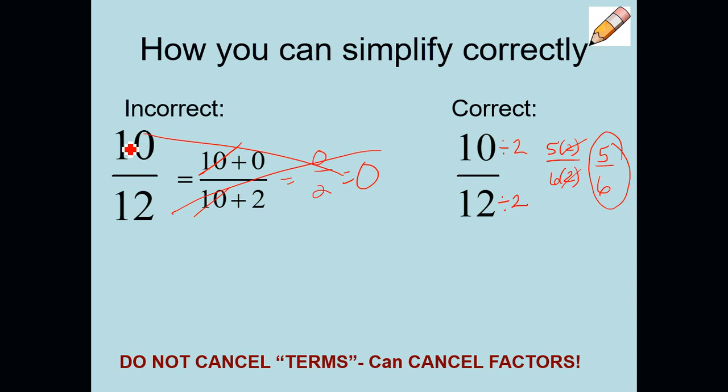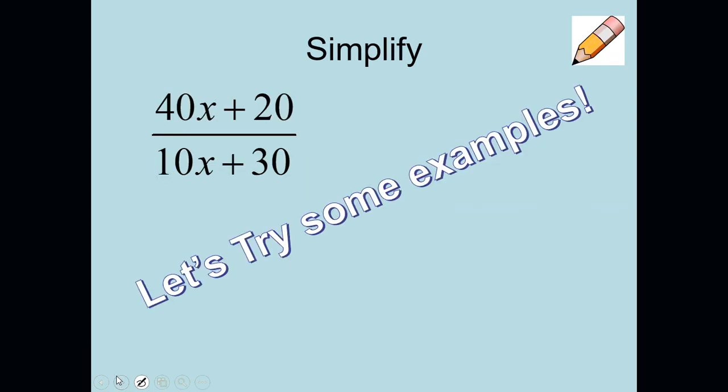Just because something repeats on the top and bottom, like this 10 spot, doesn't mean I can cross it off and just say that's 0 over 2. I want to be careful to think about factors, things that multiply to make the numerator and the denominator, so that I can divide something out of the top and bottom. Hence the phrase, you can't cancel terms, but you can cancel factors. So let's take a look at some examples in there.